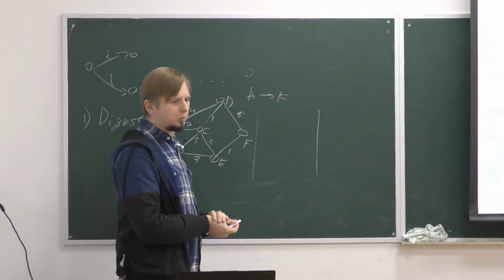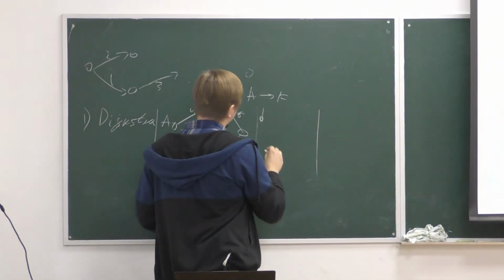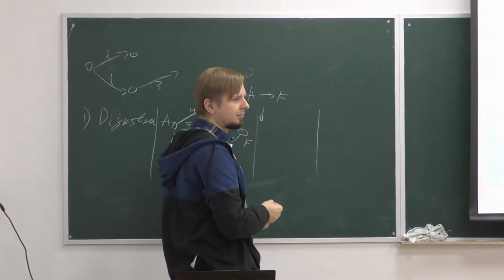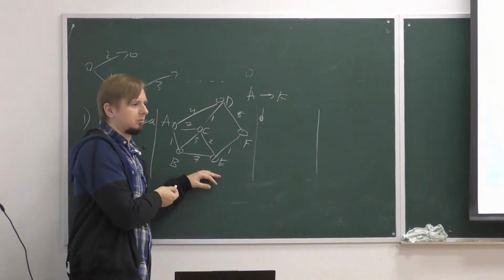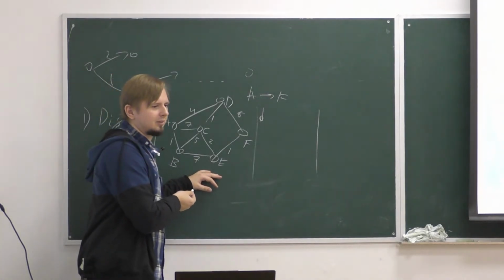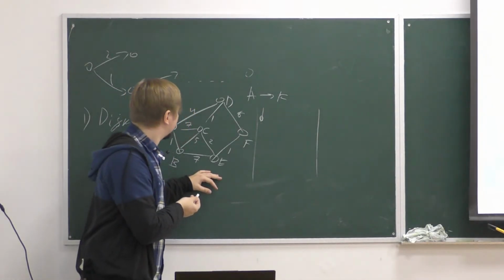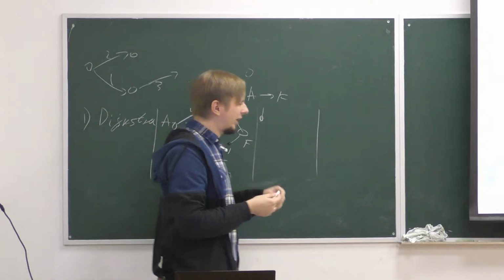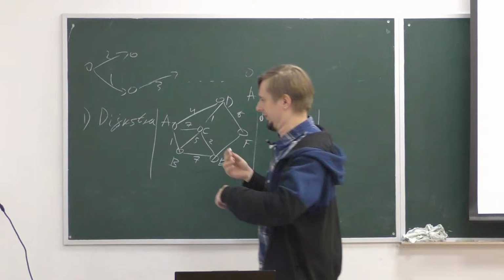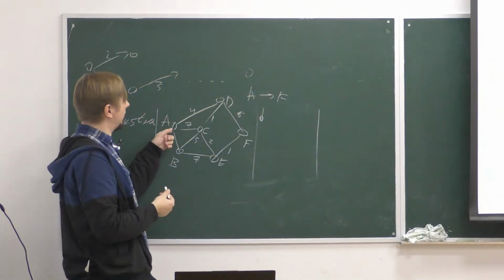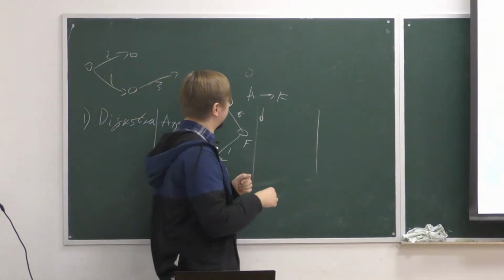We will denote this by D. Yeah, here I show for the undirected case. You can just do the same thing. D will be all shortest path lengths from A to any vertex. We will change it.